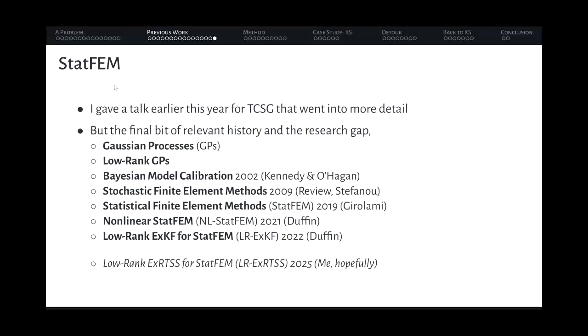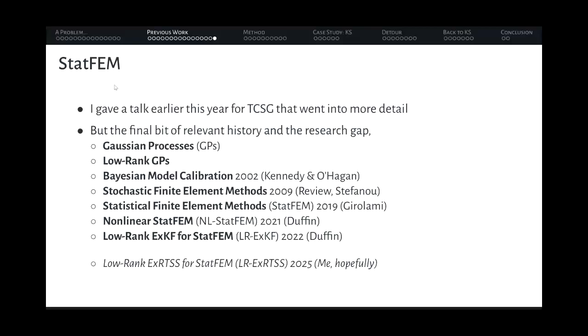Likewise with low-rank GPs, I'll talk about that in a second as well. 2002, Kennedy and O'Hagan published this Bayesian model calibration paper where they say, you don't know the computer model, or you don't know the correct forward model, or you do, but it takes a lot of computation to run it a few times, interpolate with the Gaussian process, you do it in a kind of Bayesian inference way, and you can figure out things like how wrong your particular calibrated computer model is, and all kinds of other hyperparameters of the GP that you use.